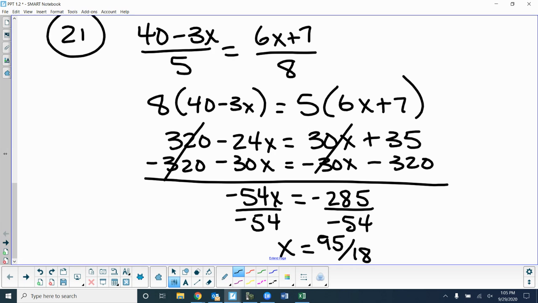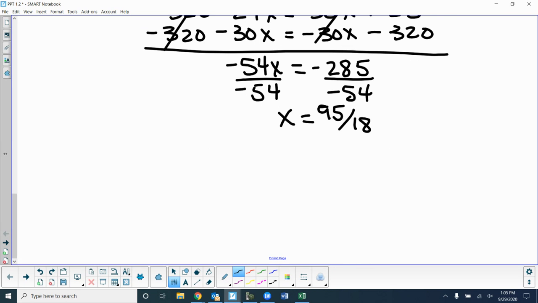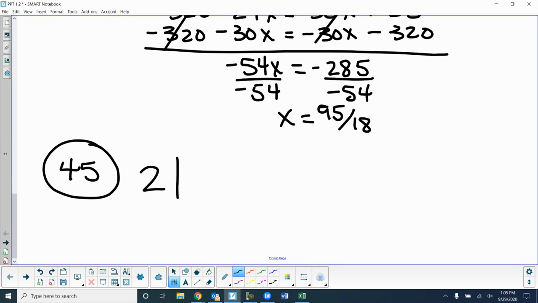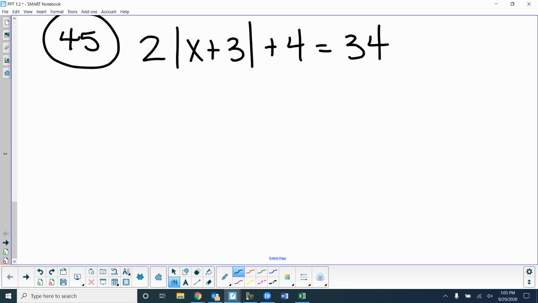I want to look at 45. Just to remind you guys that there's 2 problems here when it's absolute value. And before we write the 2 problems, we got to get that absolute value part isolated or alone.